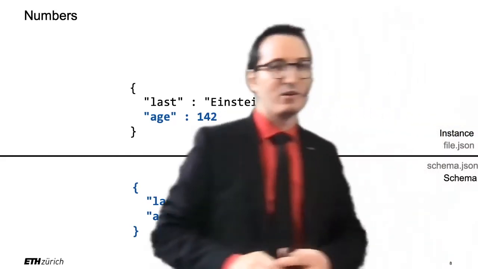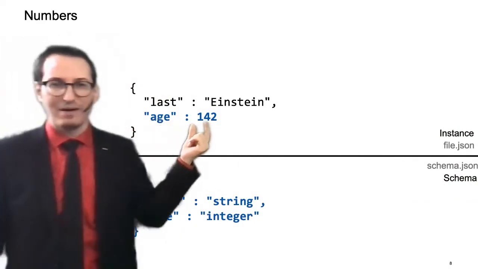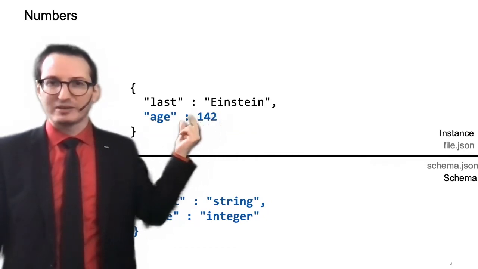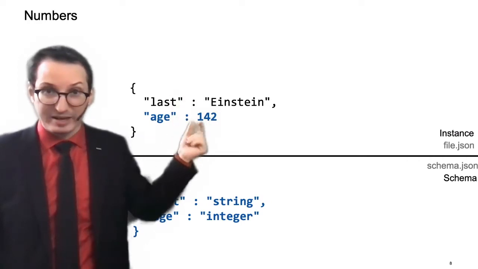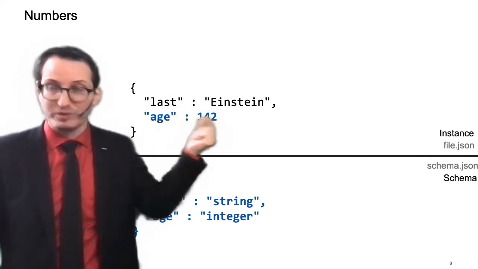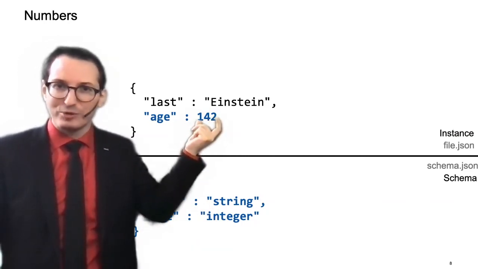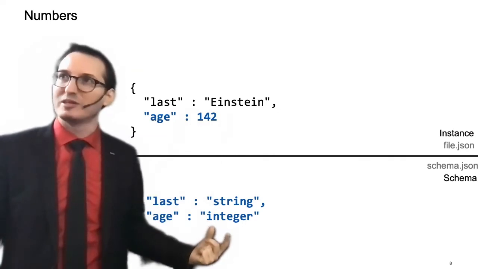In fact, you need to be aware when you validate, and this is also the logic in XML, that in the case of JSONs, you only look at the literal. Here, this is really at the raw level, this is text. This is just text with the string 142, even if it's not quoted. So the question that you ask is, this lexical value, this sequence of characters, is it in the lexical space of integer?